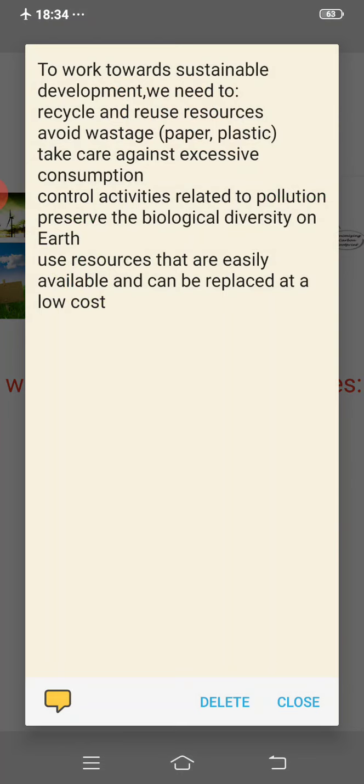We have to reduce our consumption, control activities related to pollution, preserve the biological diversity on earth, and use the resources that are easily available and can be replaced at a low cost.